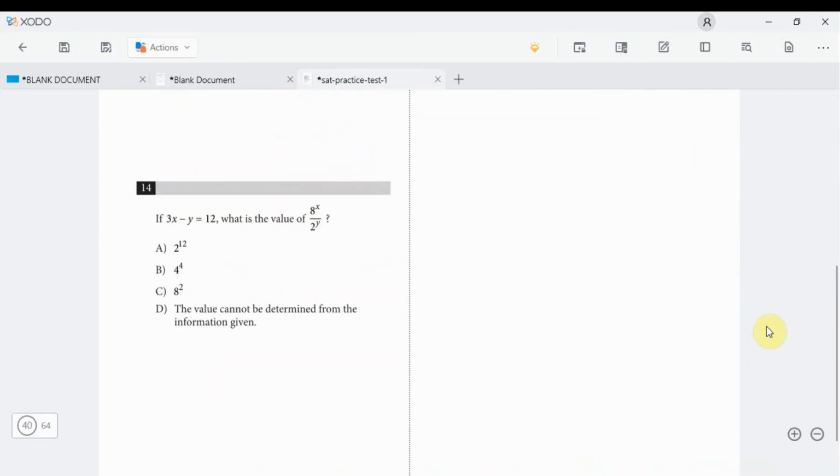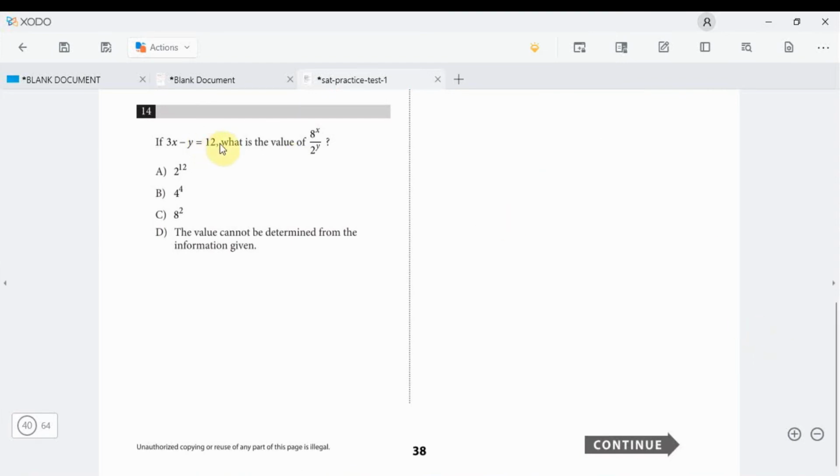Number 14, it says if 3x minus y is 12, what's the value of 8 to the x over 2 to the y? So 8 to the x over 2 to the y. First thing is 8 we know is 2 cubed, so it's 2 cubed to the x over 2 to the y.